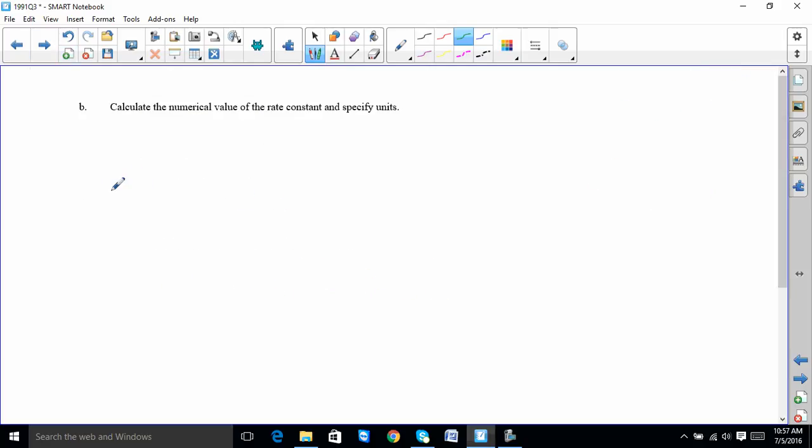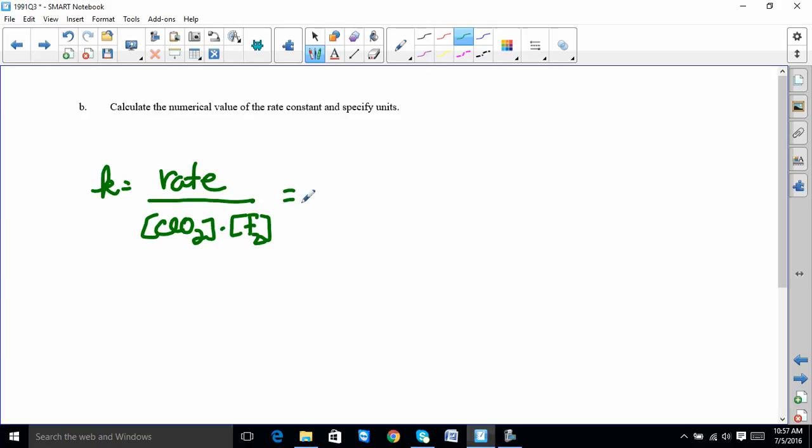So I like to use trial 1. k is going to be calculated by taking the rate for any trial, and I like trial 1, divided by the concentration of chlorine dioxide times the concentration of fluorine. Those are both to the first power. The rate in trial 1 is 2.4 times 10 to the negative 3 molarity per second.